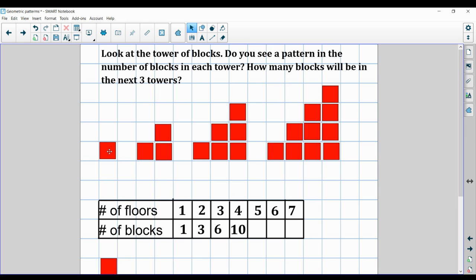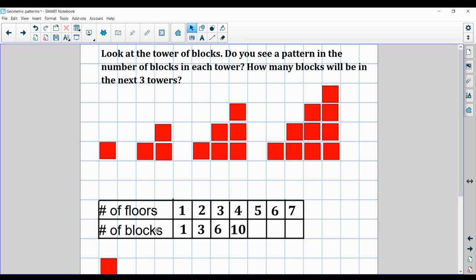Here I have 1 in the bottom floor, here I have 2, here I have 3, and I have 4. So the next pattern will have 5 in the bottom floor, and then everything works up: 5, 4, 3, 2, 1 if I continue the pattern in 5 floors.